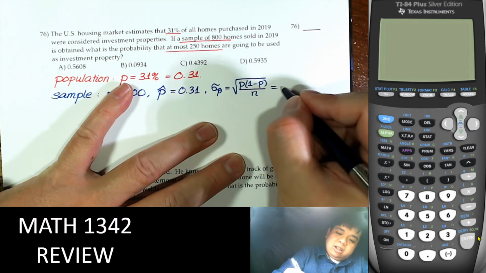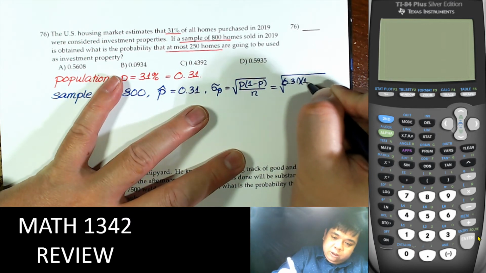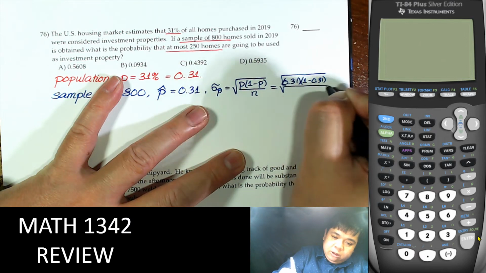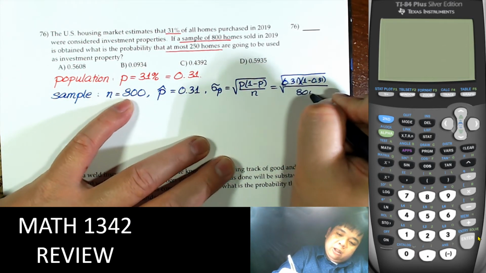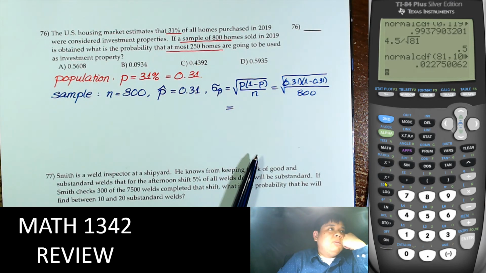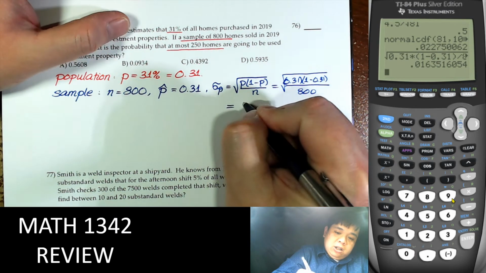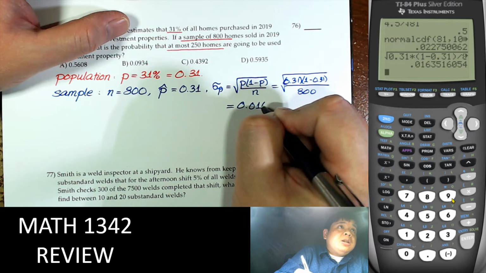So we just do that, divided by n. So we have that, 0.01635.